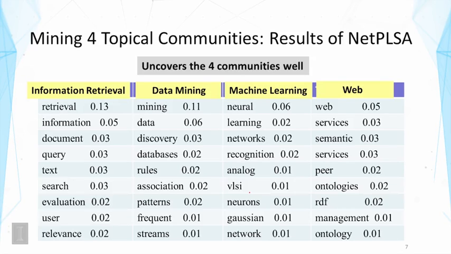The first is information retrieval, the second is data mining, third is machine learning, and the fourth is web. That separation was mostly because of the influence of network, where we leverage the collaboration network information. Essentially, the people that form a collaboration network would then be assumed to write about similar topics, and that's why we can have more coherent topics.